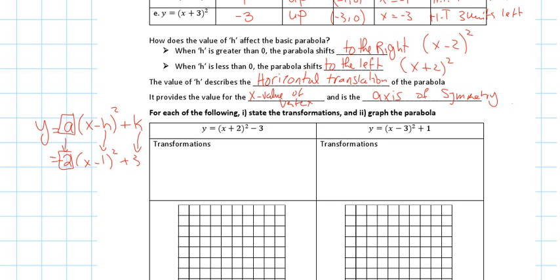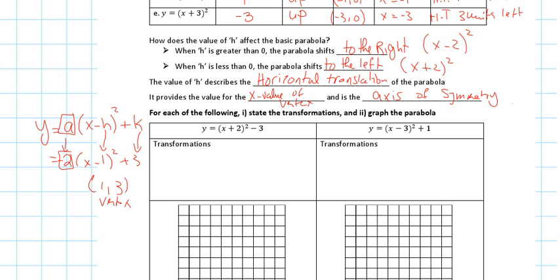Okay? Now, this form is called the, does anyone know what it's called? What's the name of it? What can you find from this form? The vertex. What is the vertex here? It would be positive 1 and 3, yeah? That's your vertex.